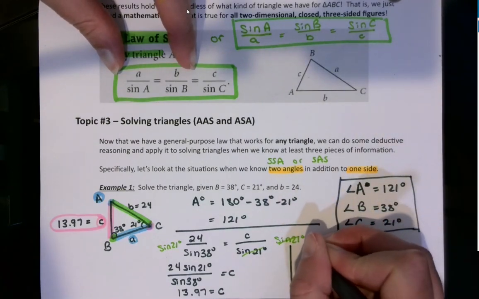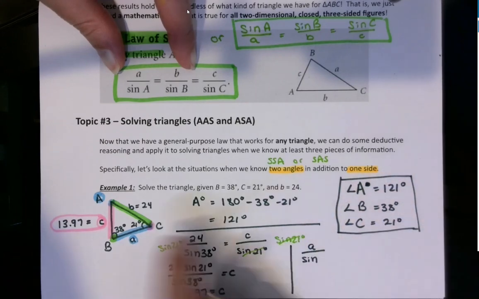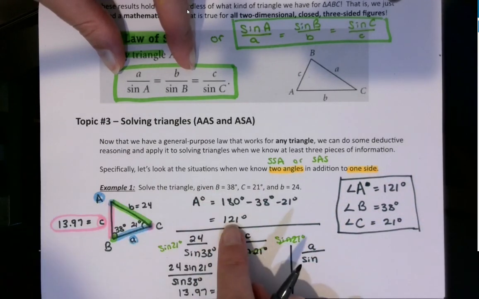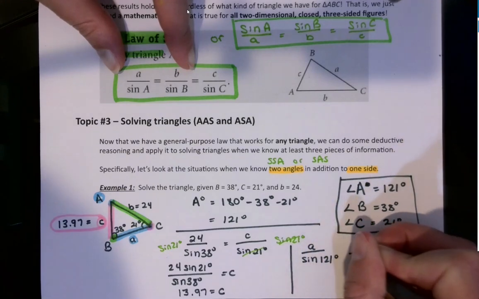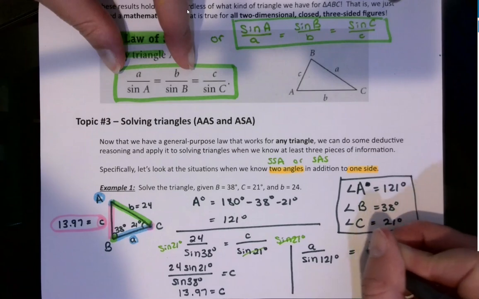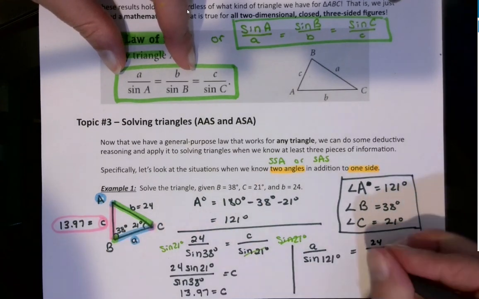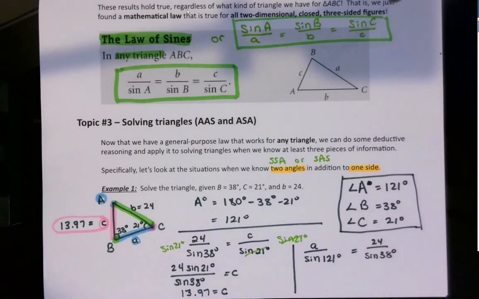So I'm looking for little a over the sine of angle A. Remember that we figured that out already as 121 degrees. It's going to equal the measure of little b, which is 24, over the sine of B, which is 38 degrees.